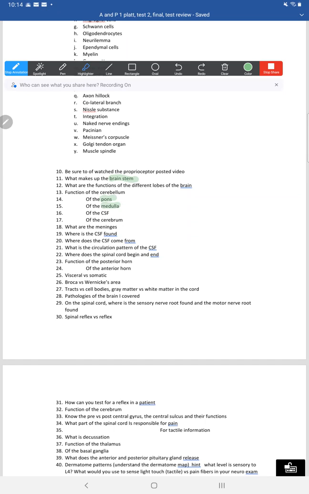Okay, what are the functions of the different lobes of the brain? Okay, so in this review here, it doesn't look like it actually gives you the names of the lobes. That means you'd have to look it up. So can anybody give me an example of a lobe? Frontal.